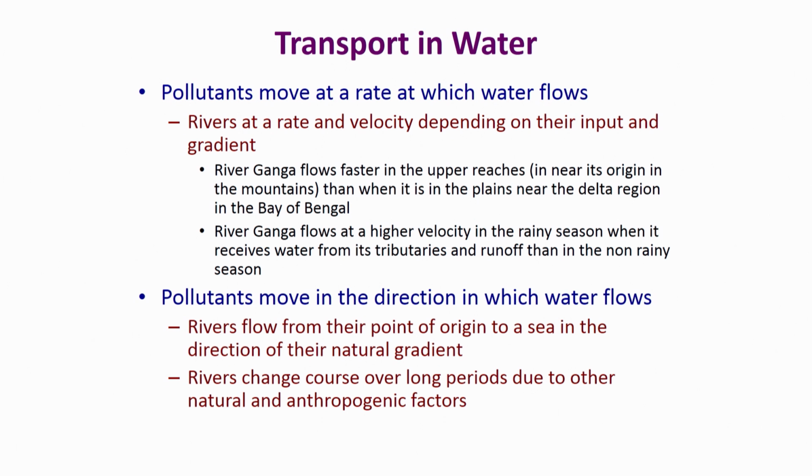If water flows, they move along with it, and rivers in general move at a rate and a velocity that depends on the amount of water they receive and also on the slope of the river. For example, the river Ganga flows very fast in its upper reaches when it is in the hills, than when it reaches the plains near the delta region near the Bay of Bengal.